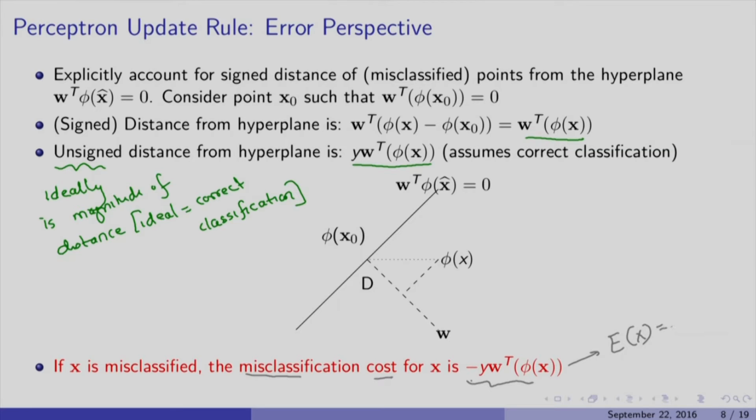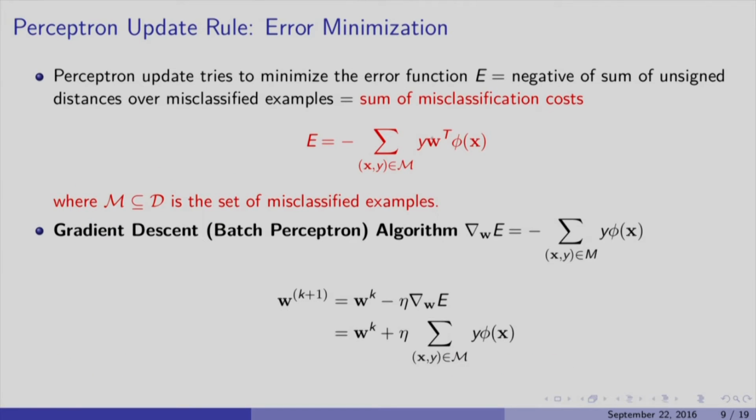So E of x is minus of y w transpose phi x. Now if you sum the misclassification cost across all the points, which is sum E of x over all the misclassified points, this is only restricted to misclassified examples, then you overall get the misclassification error. The idea behind perceptron update is basically to try and minimize this misclassification error.